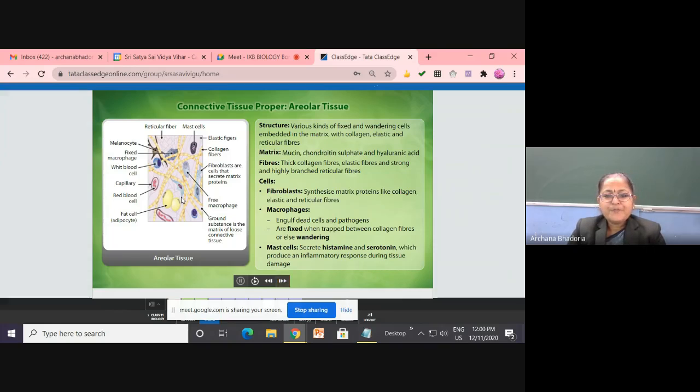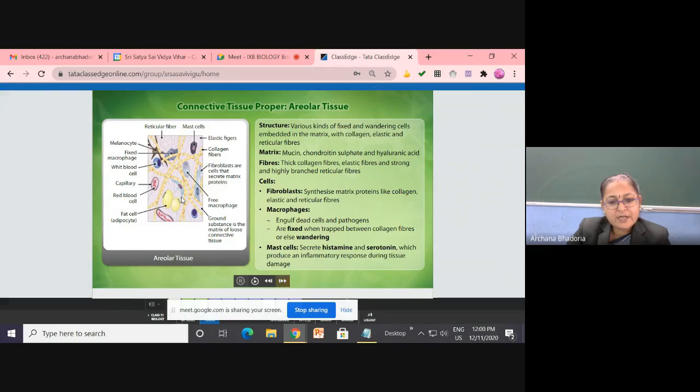Areolar tissue. It consists of the matrix. So what I am saying, children, that you write down. Okay, don't copy what is given here. Whatever I say, that point you copy.